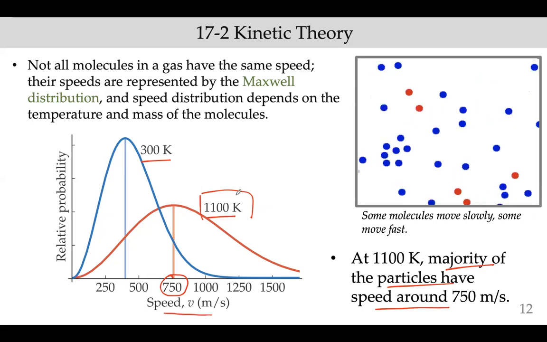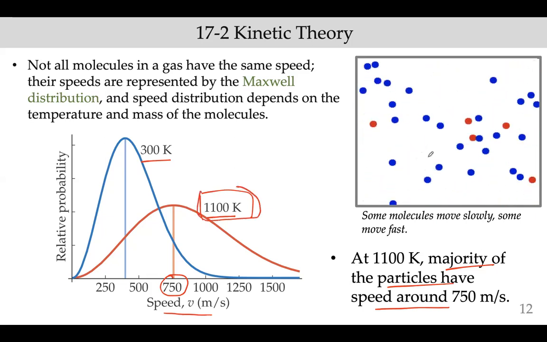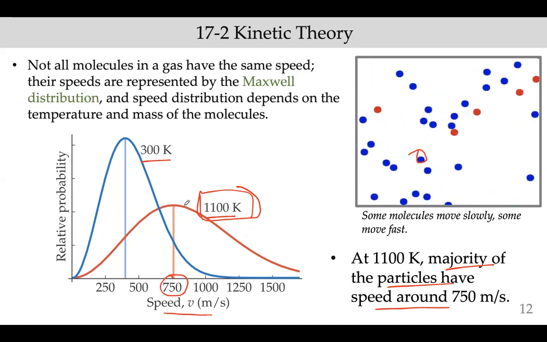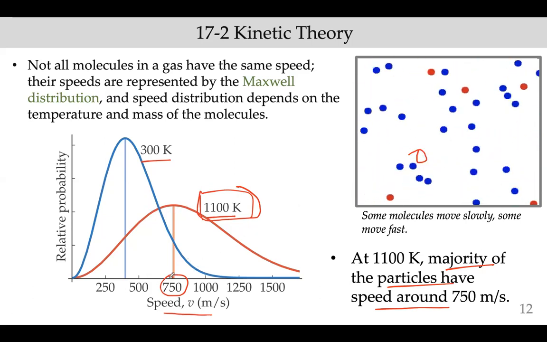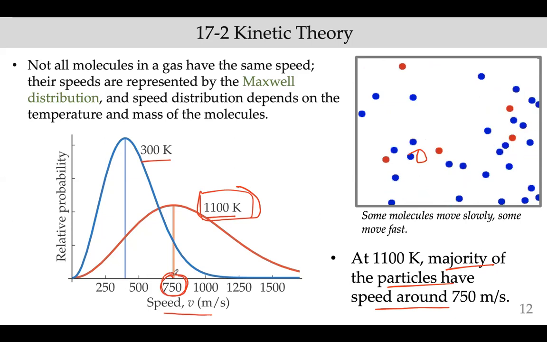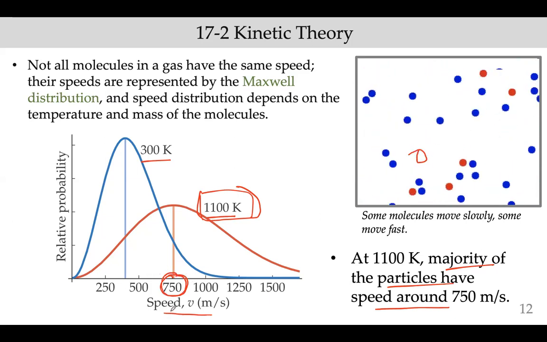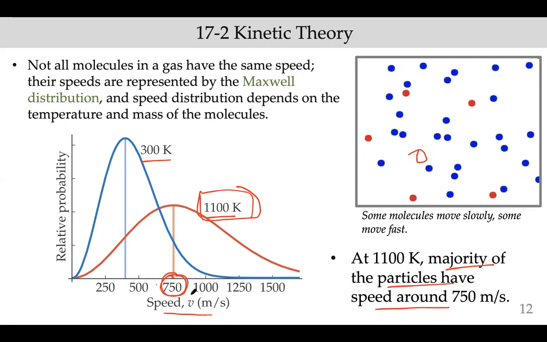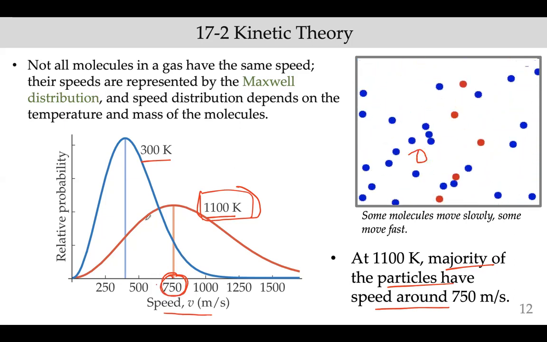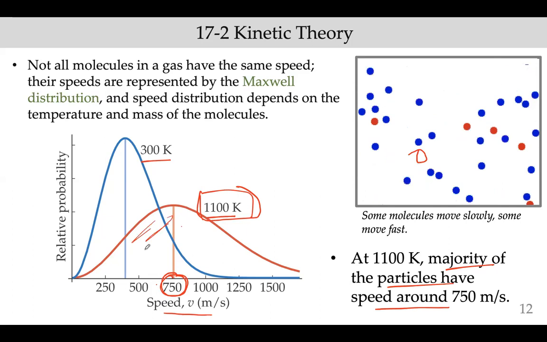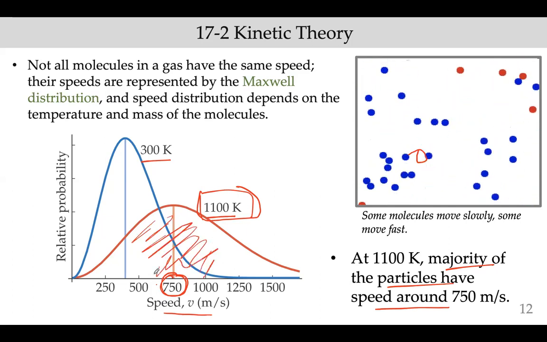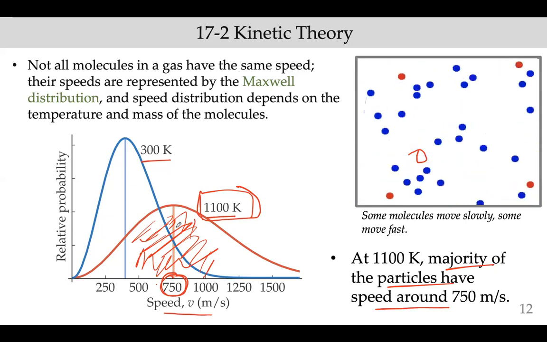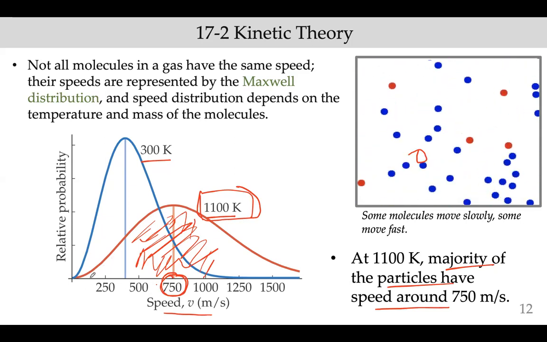If you take any particle, it's highly probable that the speed of that particle will be around this number. It could be a little bit less, a little bit more, but most of the particles' speeds are around this point, but that doesn't mean that there are no zero-speed or low-speed particles.